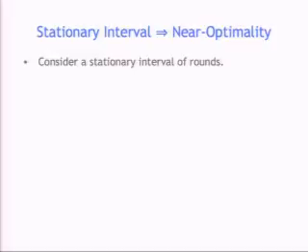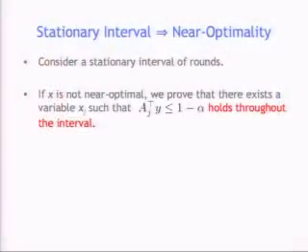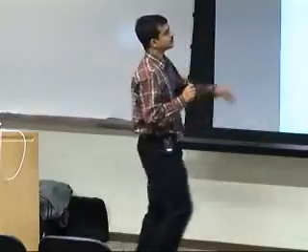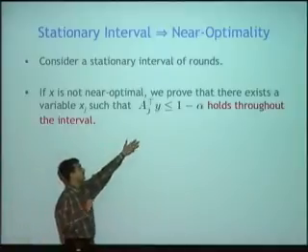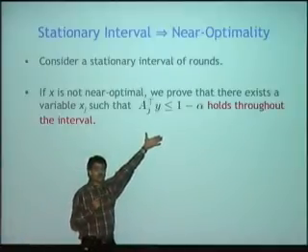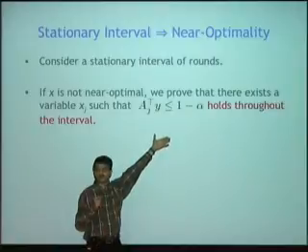On this slide I have tried to show you an intuition of the proof why a stationary interval implies near optimality. So consider a stationary interval and consider any x in that interval. Now if x is not near optimal, then we show that there exists a variable xj such that aj transpose y is consistently less than 1 minus alpha throughout the interval.